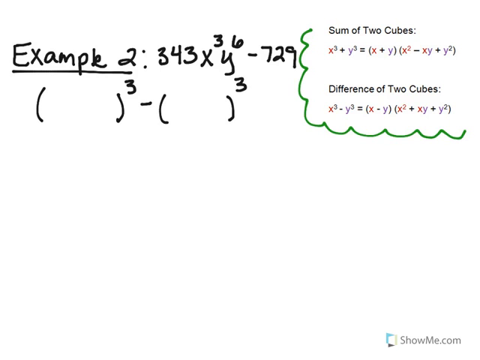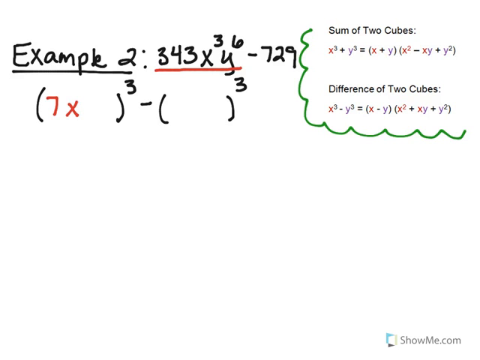So the first term is this 343 x cubed y to the 6. So let's work with the coefficient first. And I know that the cube root of 343 is 7. Okay. So now let's take a look at the x term. The cube root of x cubed is just a plain old x.